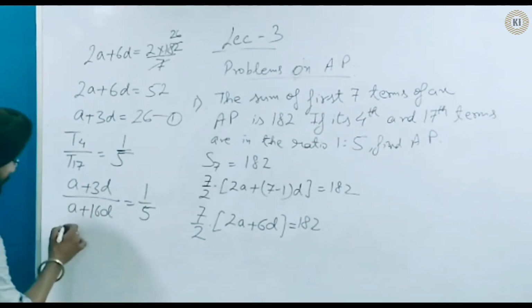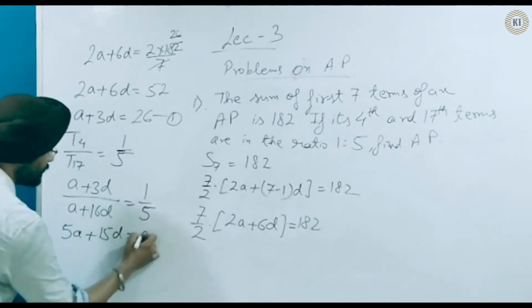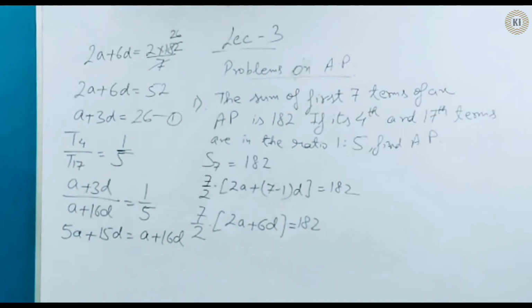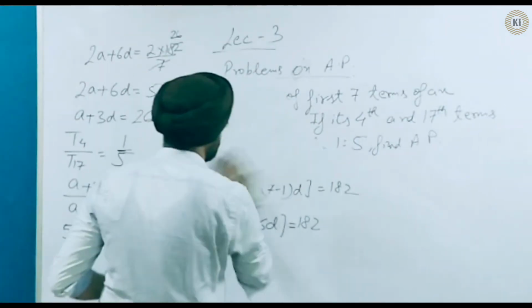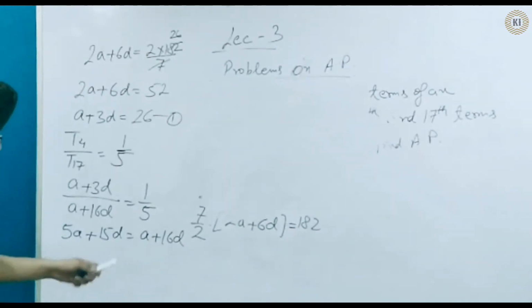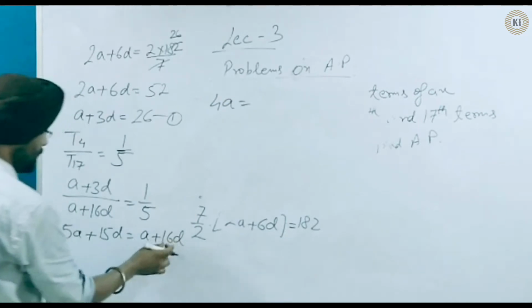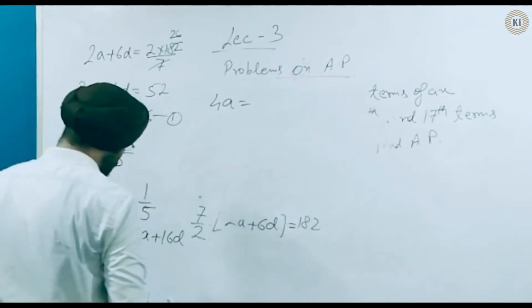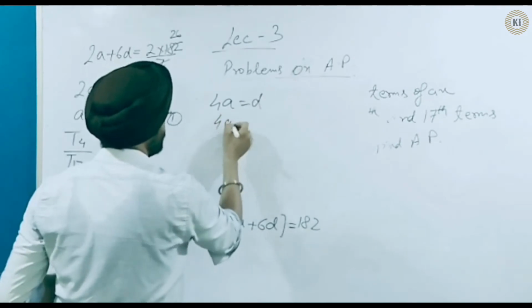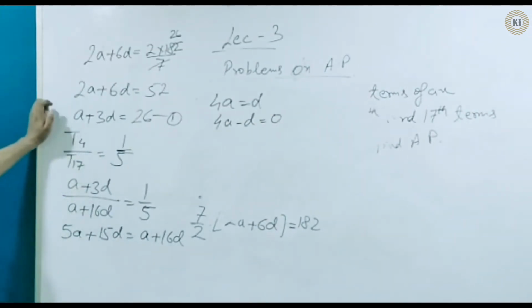Cross multiplied, it will come 5a plus 15d is equal to a plus 16d. Now 5a minus a will be 4a and 16d minus 15d will be d. So 4a minus d will be equal to 0. This will be our second equation.